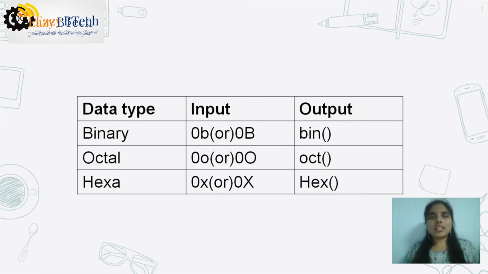In hexadecimal form, you have to write input starting with 0X or 0x, and to get an answer in hexadecimal form, use the small hex predefined function.